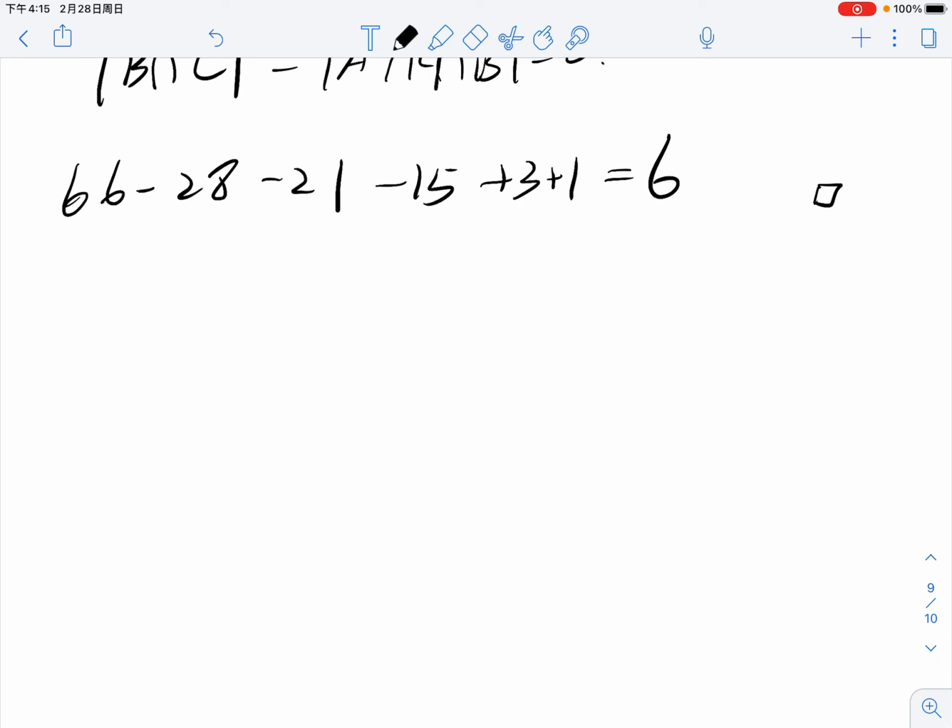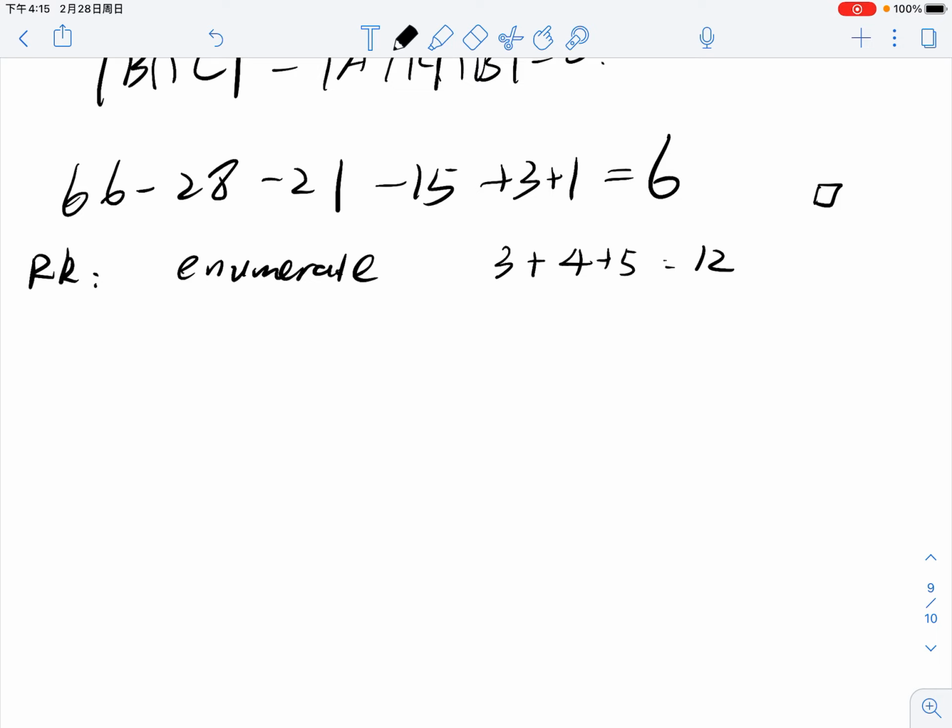Okay, so the main point of this example is just to give you an idea how to apply the formula to the original combination, K combination problems. And actually for this one, you have an easy way. Actually, you can enumerate. Because totally you have 3 plus 4 plus 5, 12 elements.